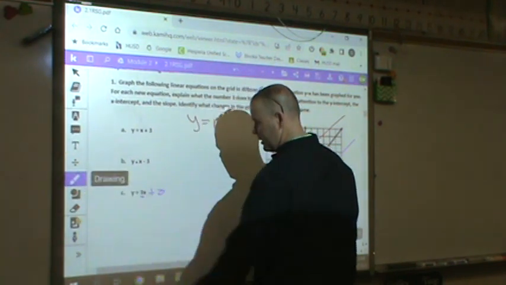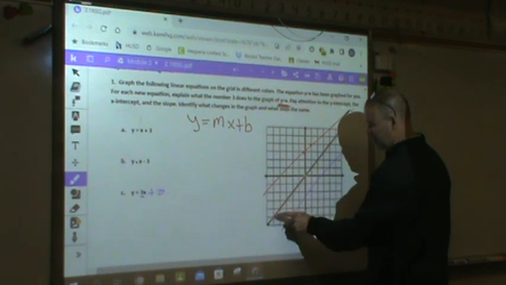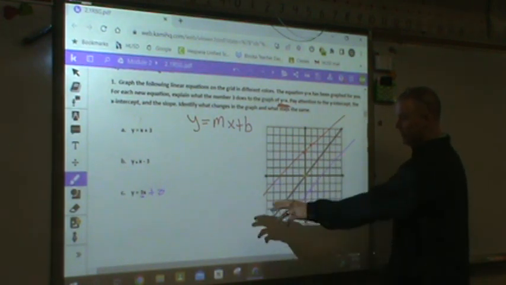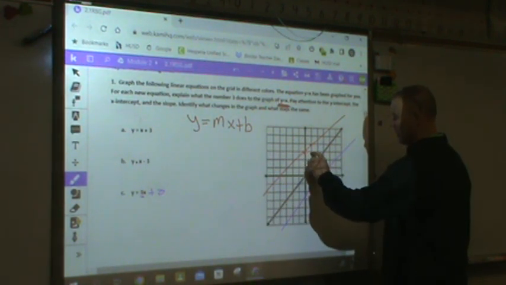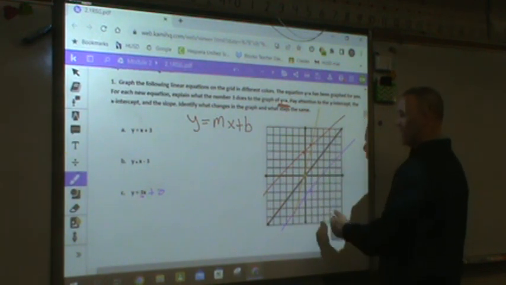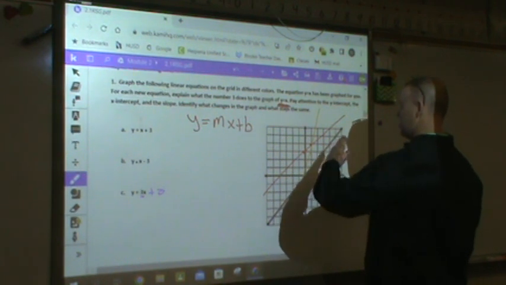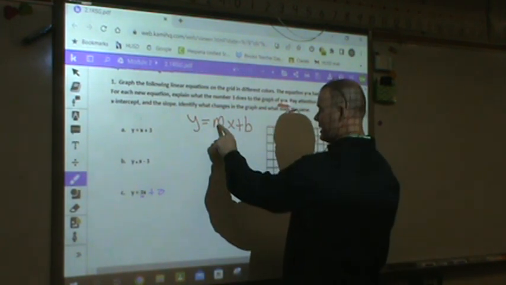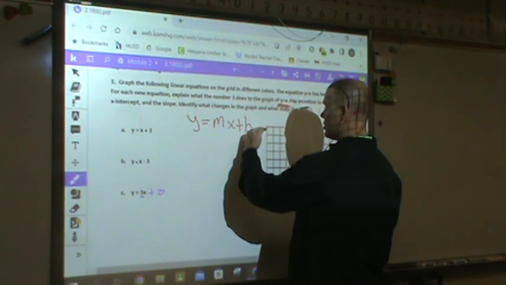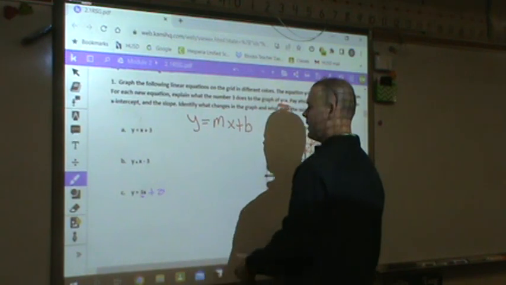It's going to cross at 0, so it crosses the same as my original line, but this time I rise 3 and I run 1 and connect the dots. What has happened, instead of the line shifting up and down, the slope of the line has changed. That's what m does. b just causes a shift up and down. m causes a change in slope.